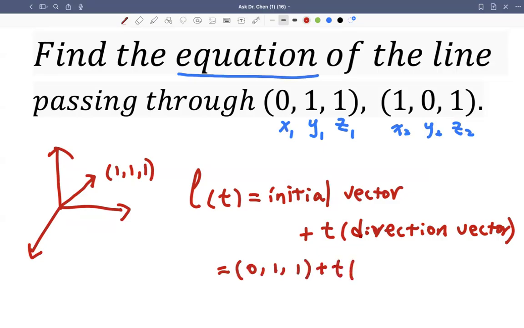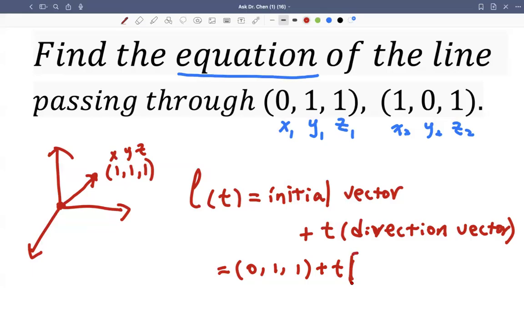So where do we get a direction vector? You see, we have an initial point here and an endpoint here. When we subtract these points component-wise, the x component, y component, z component, we get a direction vector. If we're treating 0, 1, 1 as the initial point, then 1, 0, 1 will be the endpoint.